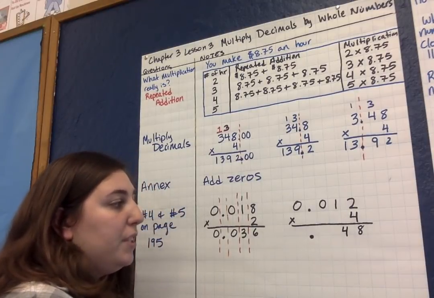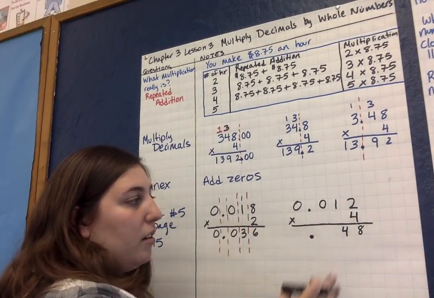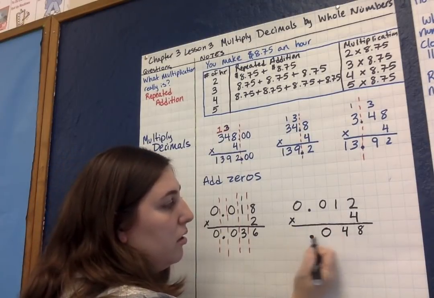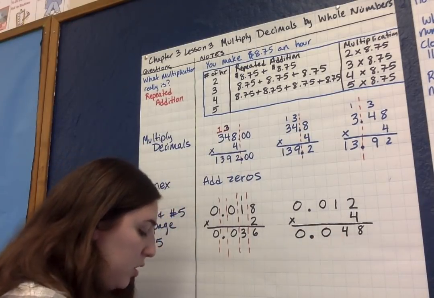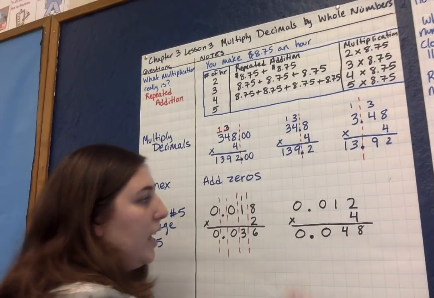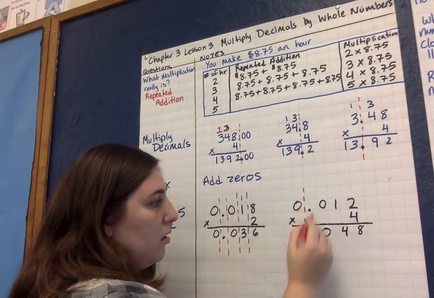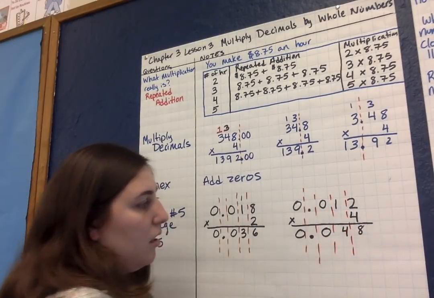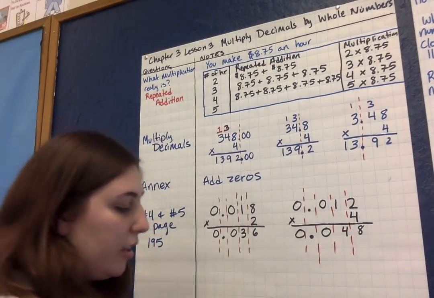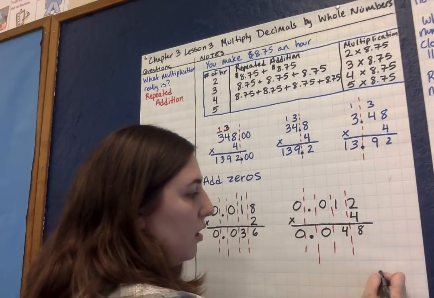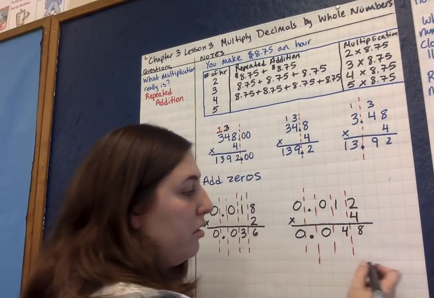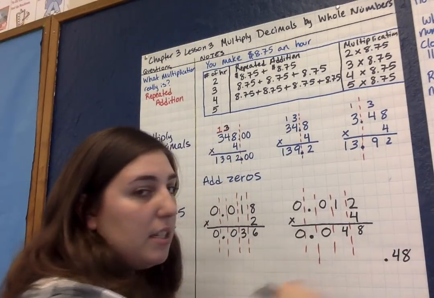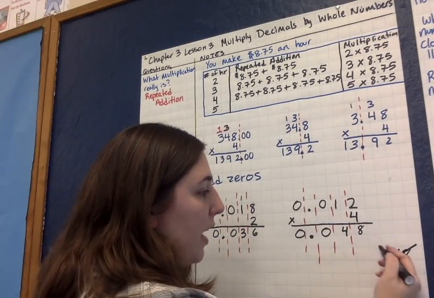Okay, so the book would say, now that you've multiplied what numbers there are here, you would add zeros to fill in those spots. Because if we didn't add zeros, then we would just have a missing spot. If you don't fill in those zeros, you might come up with an answer like this. And this is not our answer, so I'm going to cross it out.